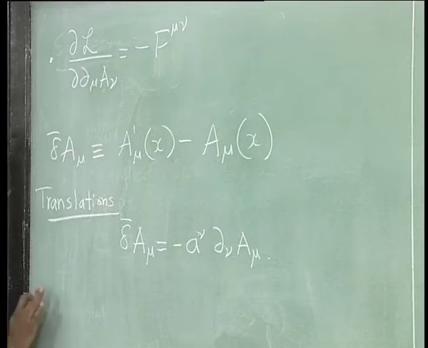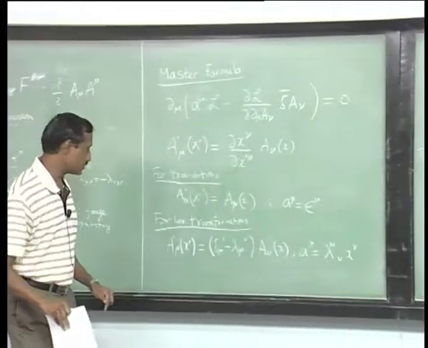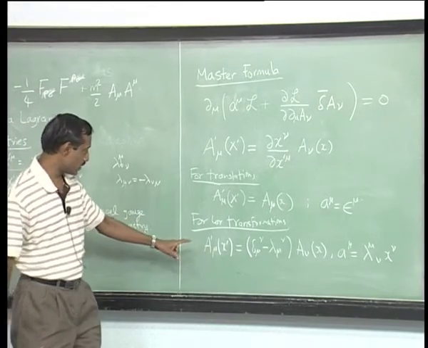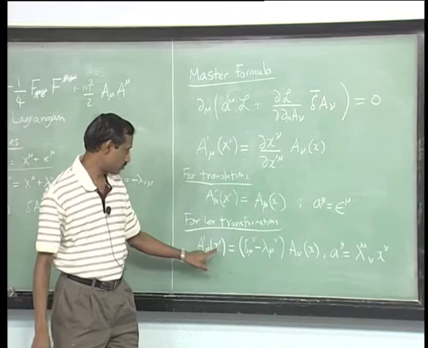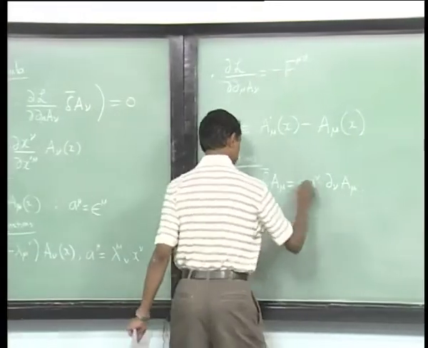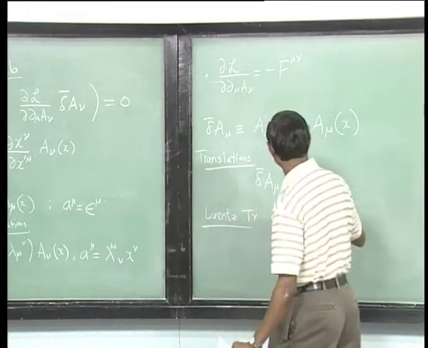Okay, it's a little bit more involved for Lorentz transformations. So for Lorentz transformations, we have to make one term. So let us first forget. There will be one term which will look exactly like this, which I will write out, and A nu is just epsilon.